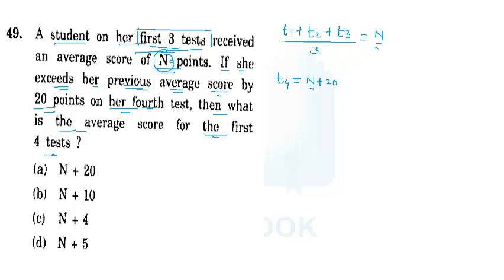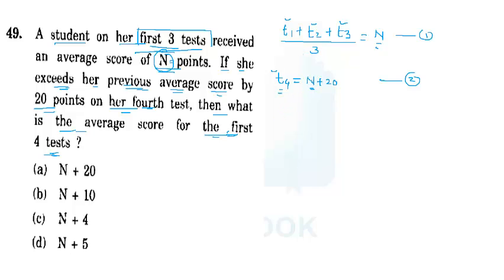Now we have these 2 equations with us, which would help us in finding the answer. What we need to find out is the average of the first 4 tests. Earlier we had the average of 3 tests. Now we want to find the new average inclusive of this 4th test.